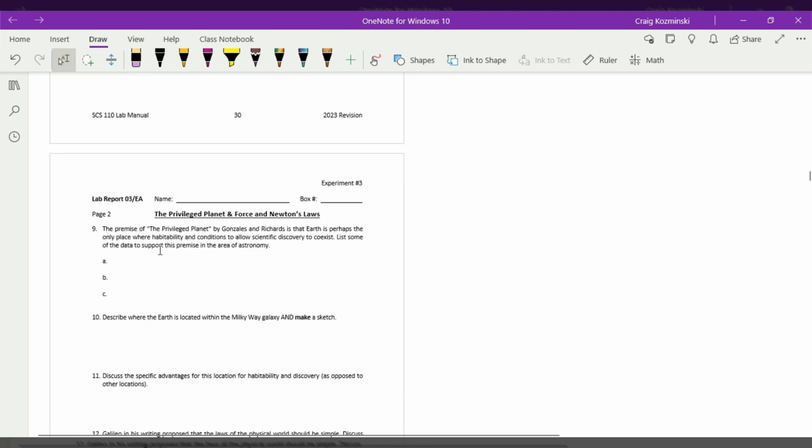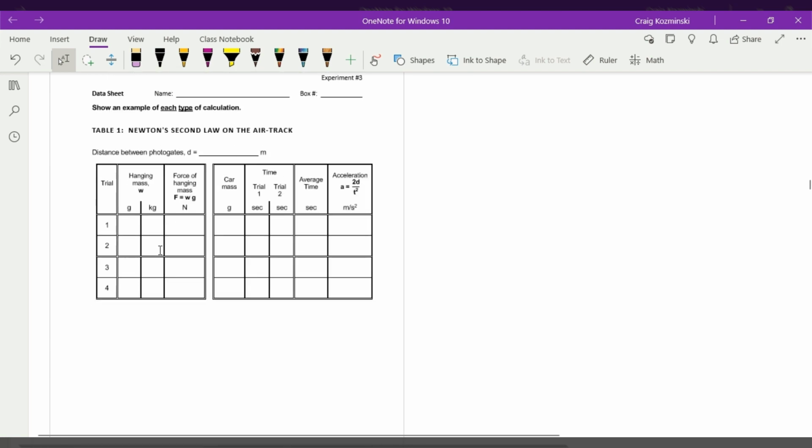So we'll take a look at our data tables for this week's experiment. Again, you'll be measuring the distance between the 2 photogates, and you'll record this distance in units of meters. Our hanging mass is going to be determined in units of grams, and you will need to convert that to kilograms.